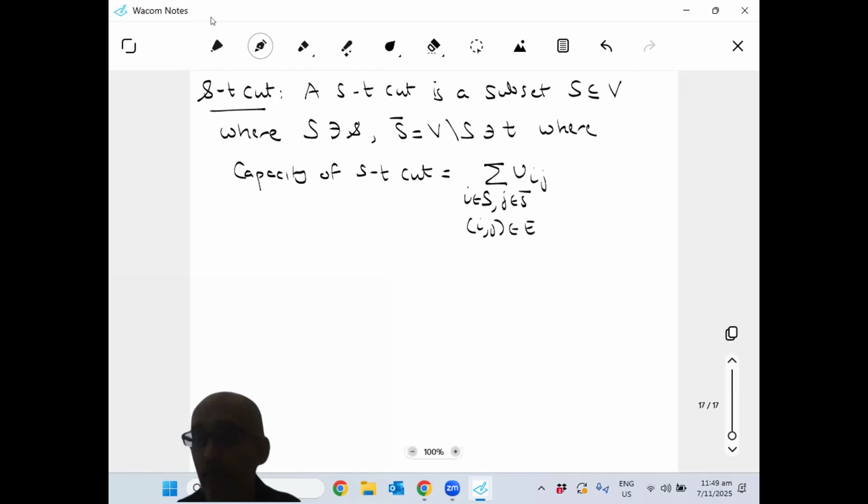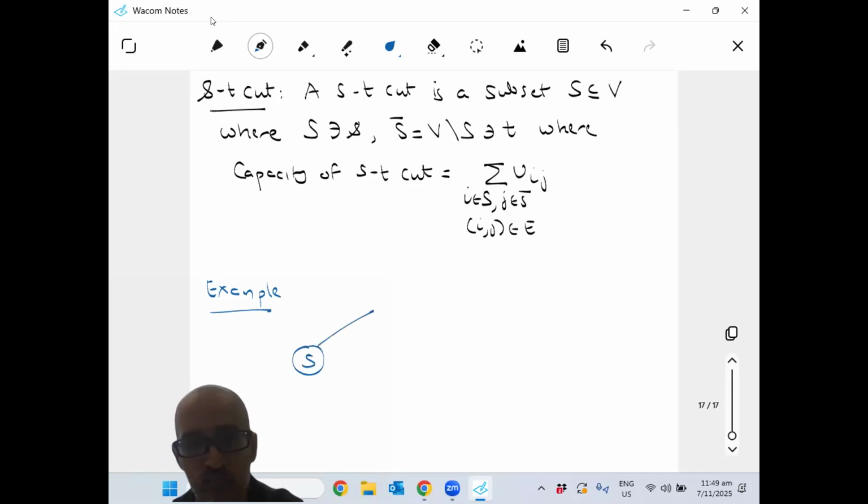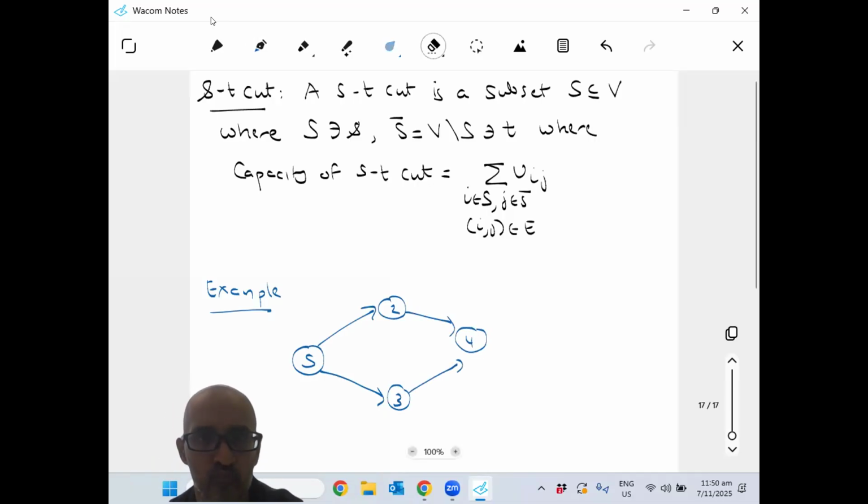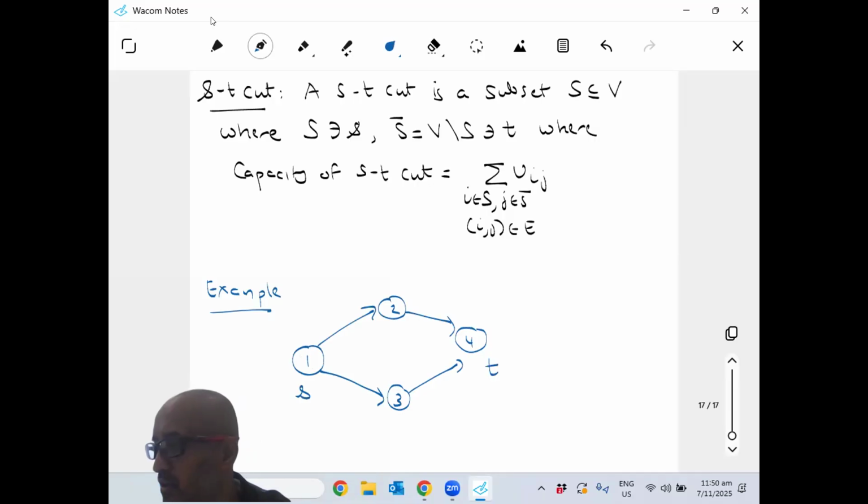Let's do an example. It will be clear with an example. Let's say I've got this problem. Let's say this is node S, this is node T, and let's keep things simple here. We saw this last class, with capacities 3, 2, 1, 1, 3.